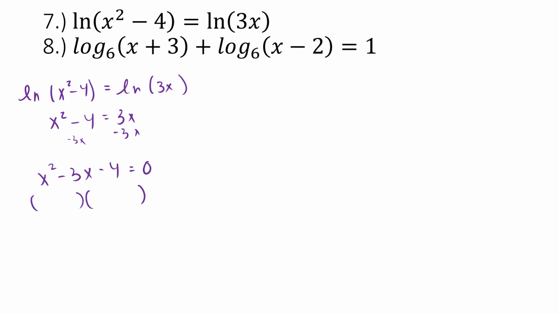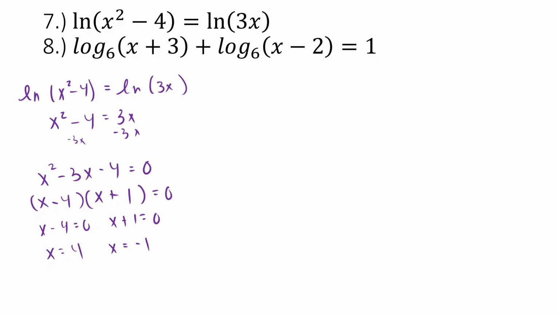Two numbers that multiply to -4 but add up to -3, that would be a -4 and a +1. So x minus 4 is equal to 0 and x plus 1 is equal to 0. Add 4 to both sides, x is equal to 4, and subtract 1 from both sides.